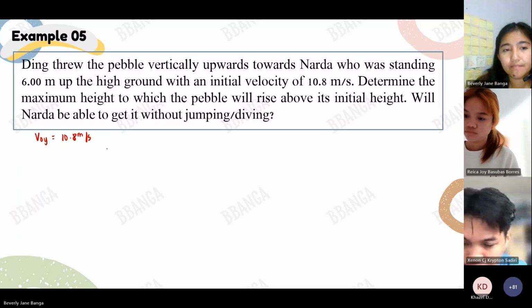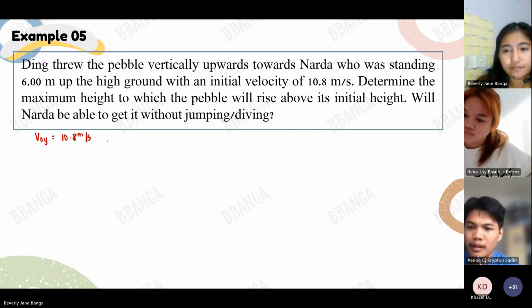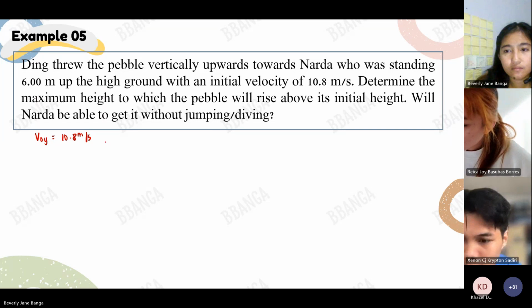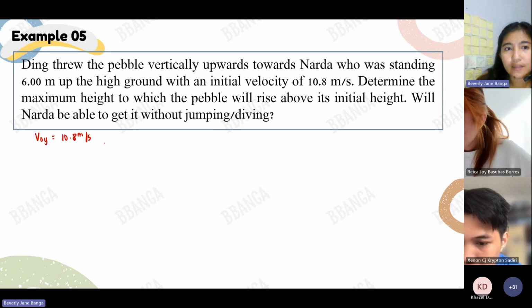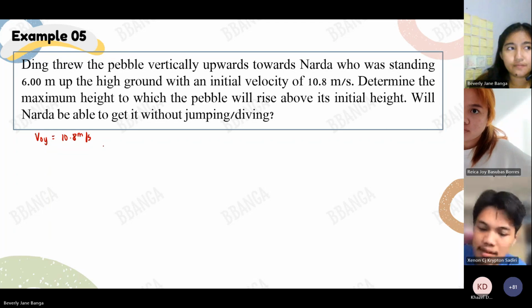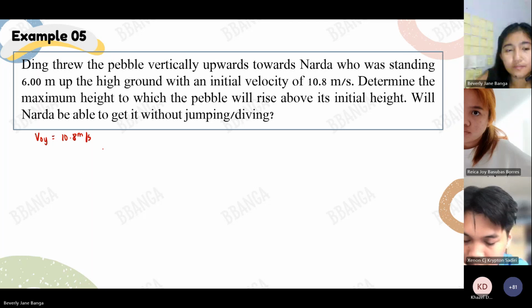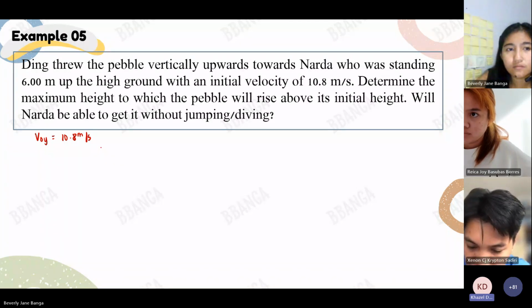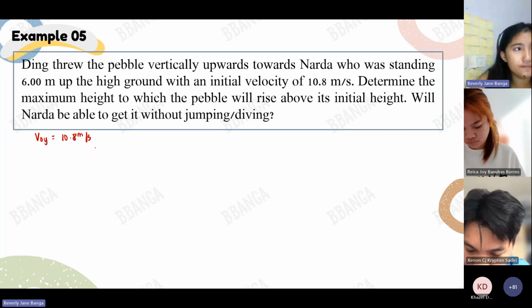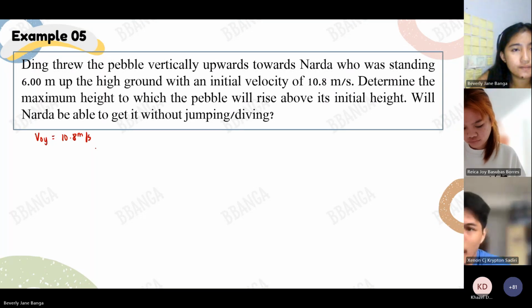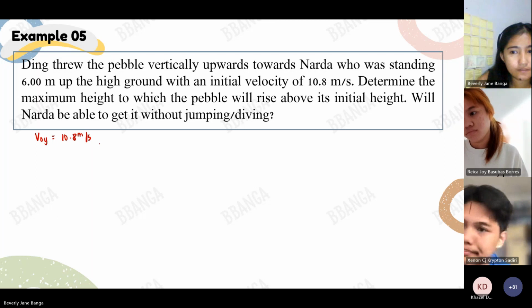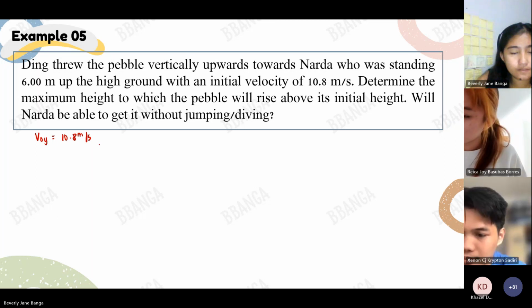Ano pa? Ano pa yung alam natin? Ma'am, yung 6 meter up high ground po. Ano siya? What's the 6 meter?